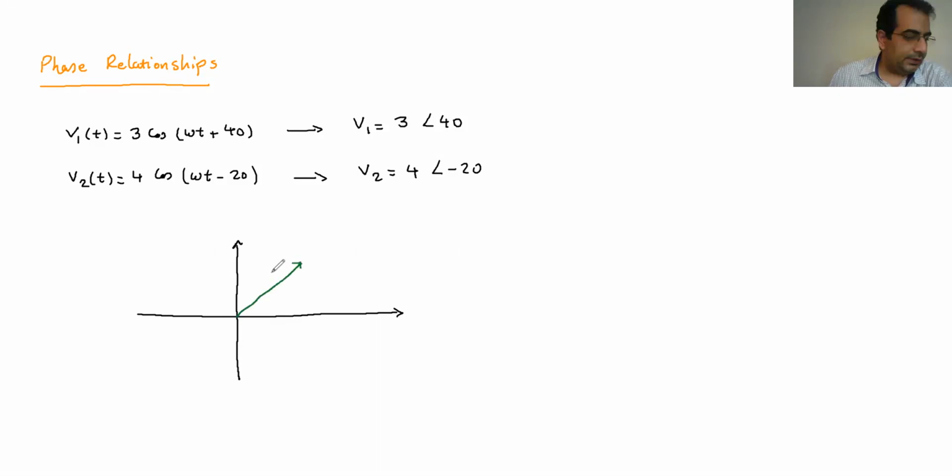So this is the V1. Now if I draw the V2, it has a length of 4 with angle of negative 20. So assume this is the negative 20, and this is 4.